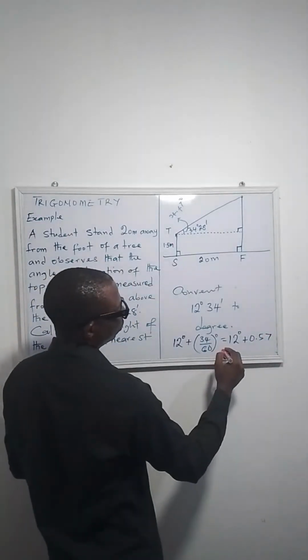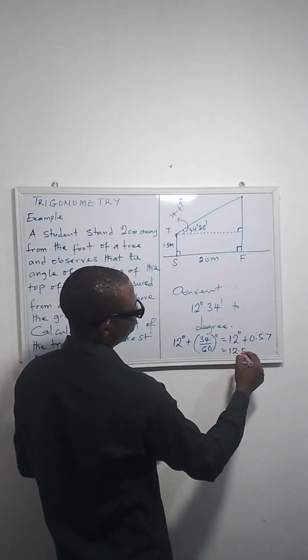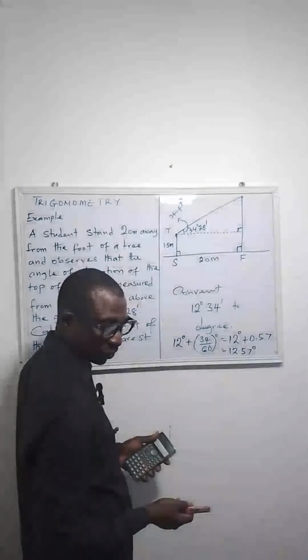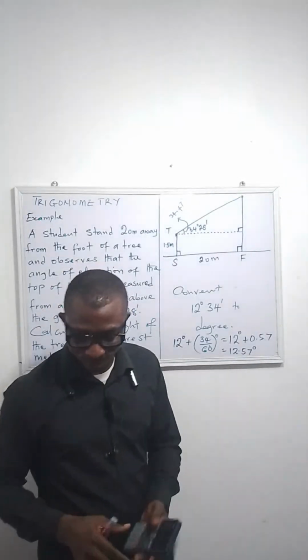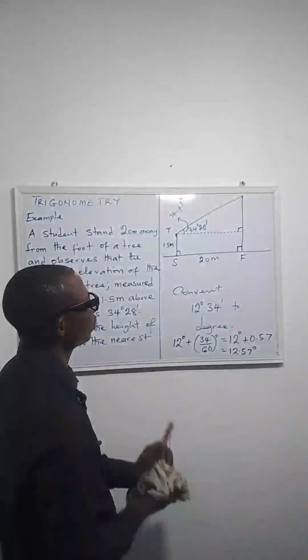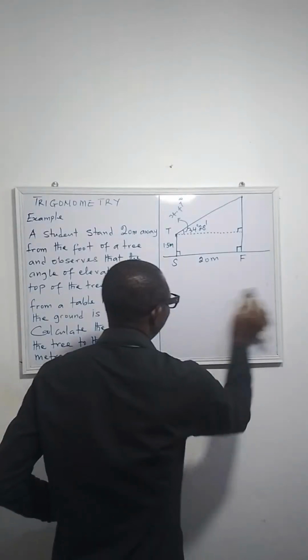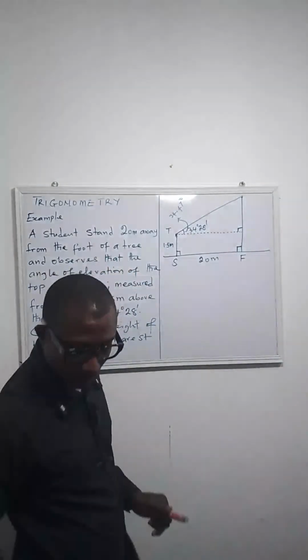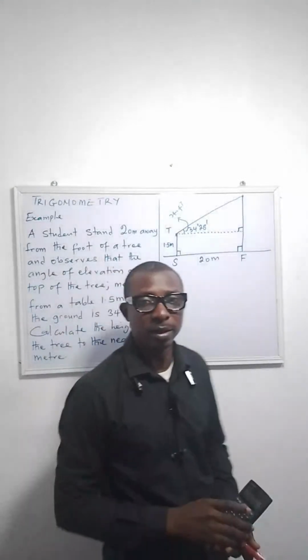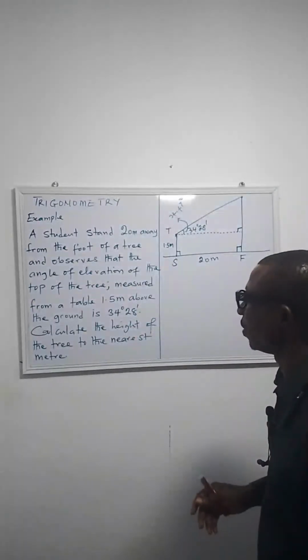Once we add it together, we have 12.57 degrees. If you get the answer, put your hands together for yourself. That's very smart of you. So once an angle is given in minutes, you should be able to express it in degrees. That's very good.